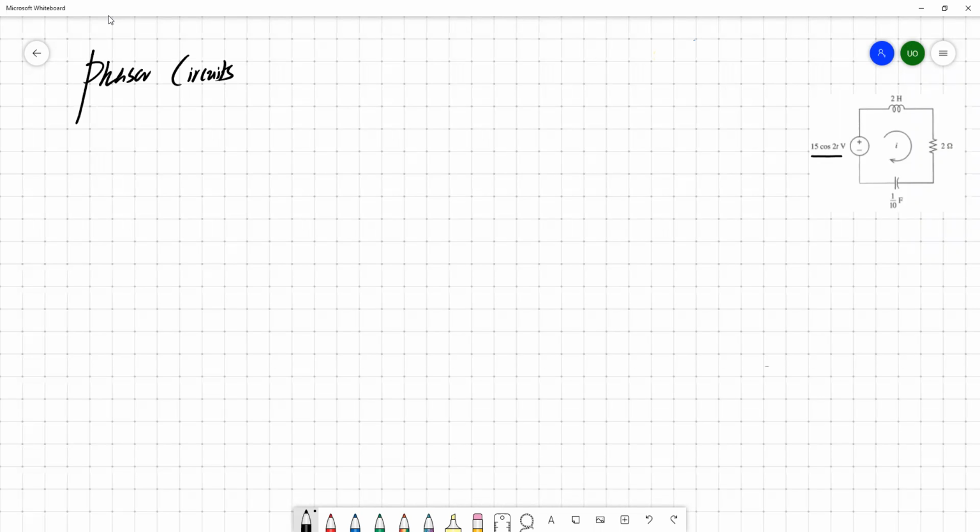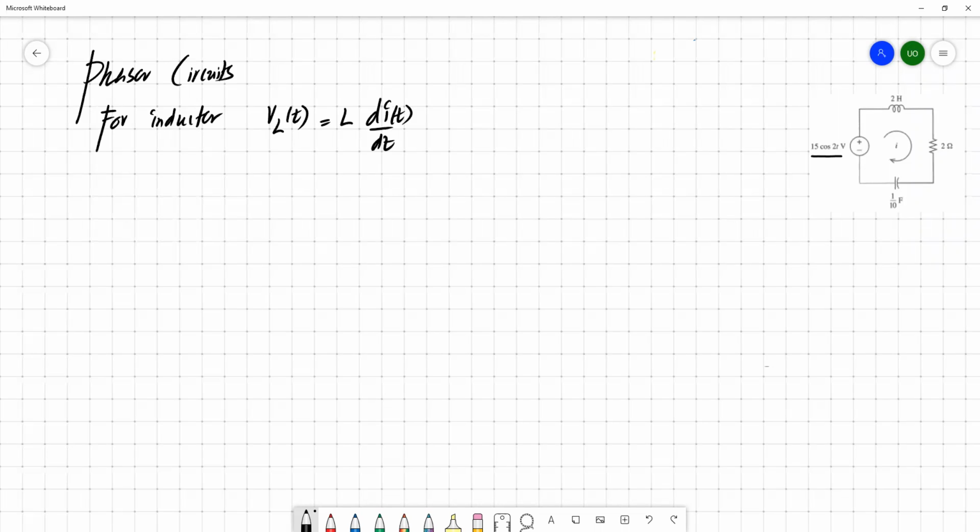We know that for an inductor, this is the relationship. The induced voltage across the inductor equals L times the derivative of the current.